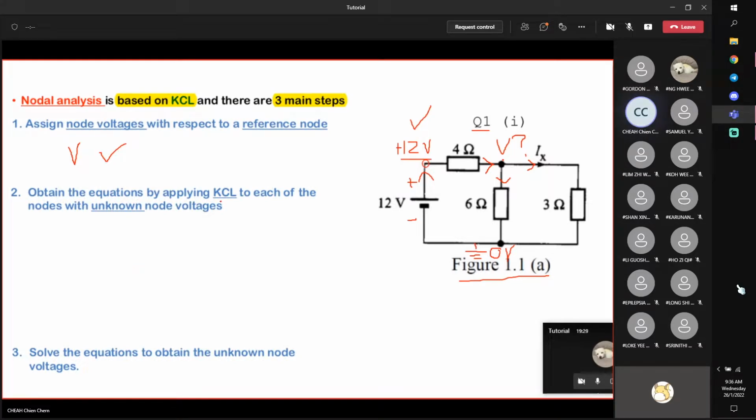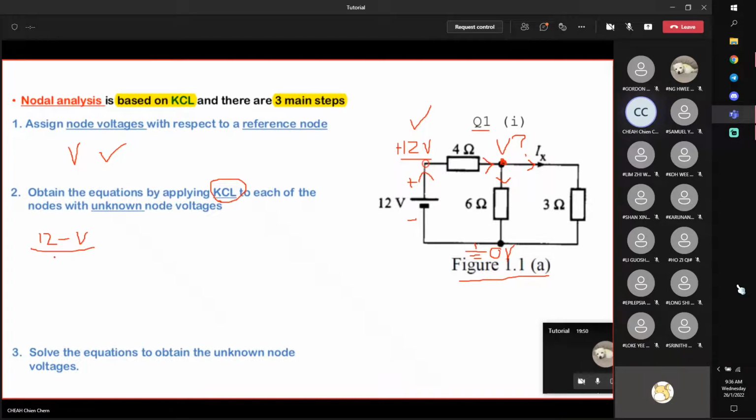After that, you use Kirchhoff current law to write down the equation in terms of the unknown node voltage. In this case, only one. And if I take Kirchhoff current law at these nodes, then I can write down my first equation. 12 minus V is the voltage drop across the 4 ohm resistor.